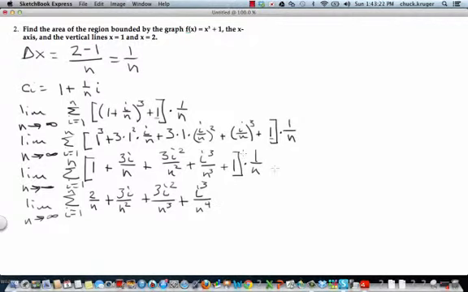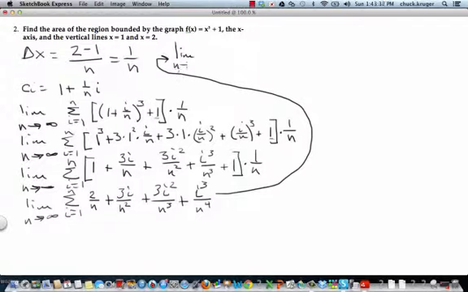So that means I'm going to take this, and I think I'm going to bring it right here. Hopefully I have plenty of room, and we'll see here. And so I get the limit as n goes to infinity, and I'm going to break it up into 4 summations.